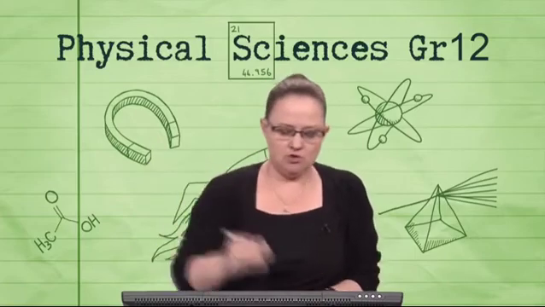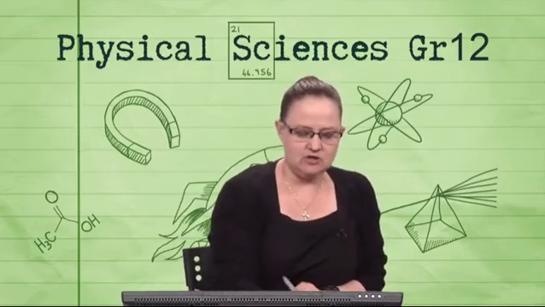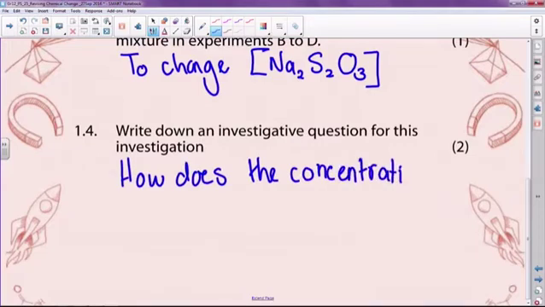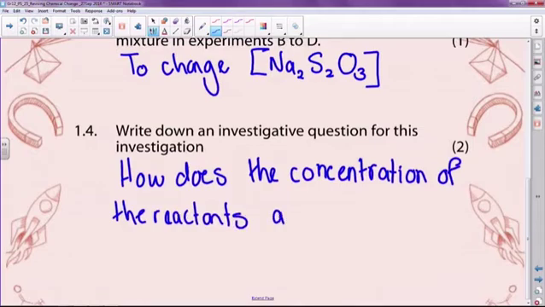So you could write a question like this, as an example: how does the concentration of the reactants, that's my independent variable, affect the rate of reaction, dependent variable.